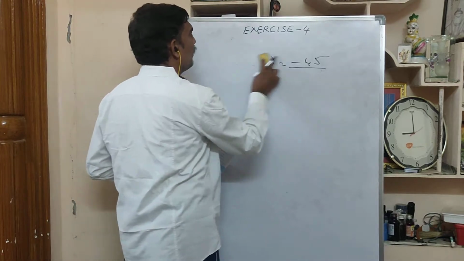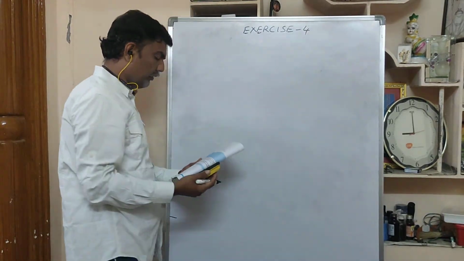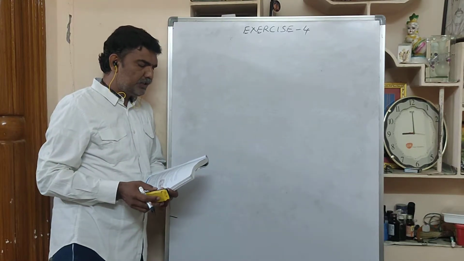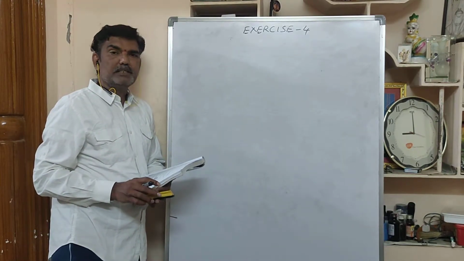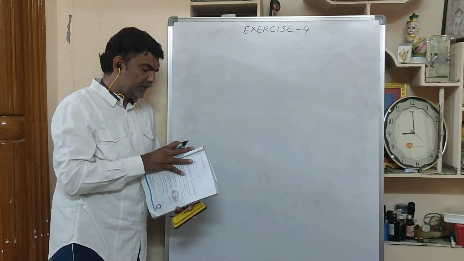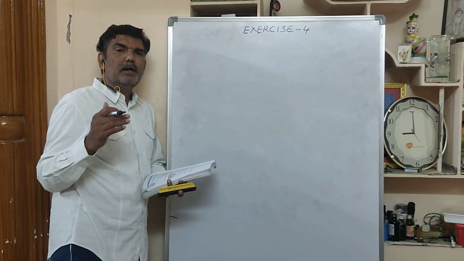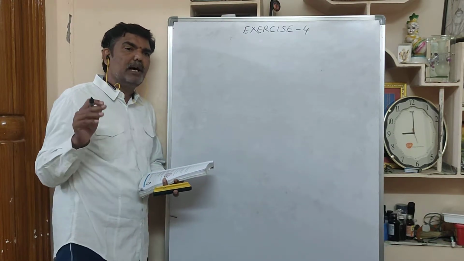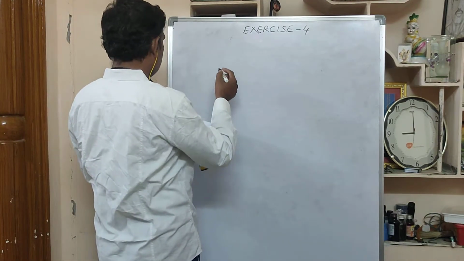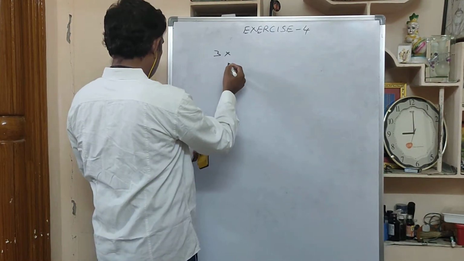Okay. Now we will go for the next problem, the second problem. What is second? Find each of the following products. First and second are the same. Here you have to multiply and write the answer. You have to write the product. So in this, the first one is 3 into minus 1.